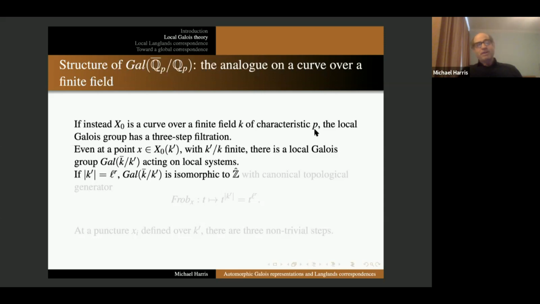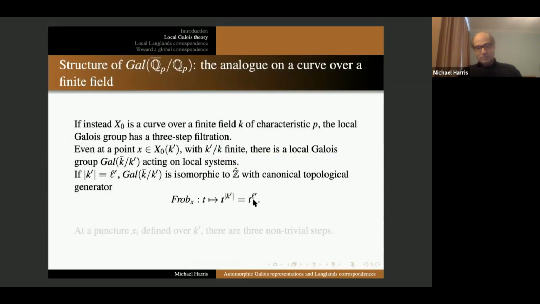Well, let's say we're over a finite field of characteristic L for the time being. I hope the next slide will make this L. Then the Galois group of K bar over K prime is isomorphic to Z hat with a canonical topological generator, the Frobenius.